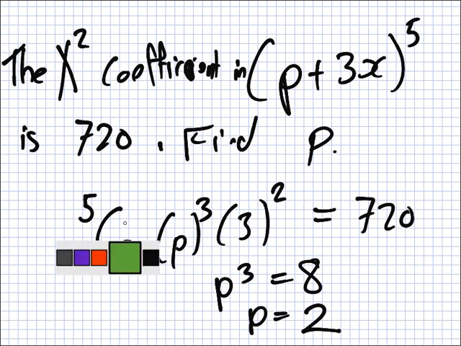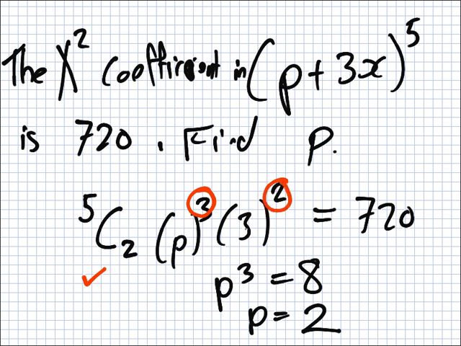Okay, hang on. Is the 5C2 okay? Yeah. Is the p cubed okay? No, the cube's not. Is the 3 squared okay? No, the square is not. So what is beside the 3? It's x, isn't it? And if I have a square here, then this will be 9x squared.